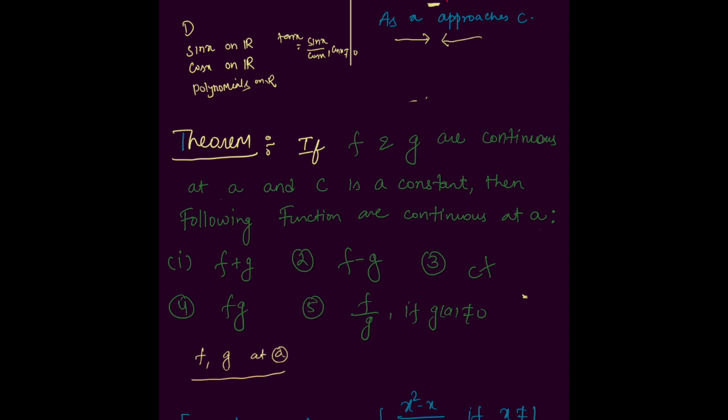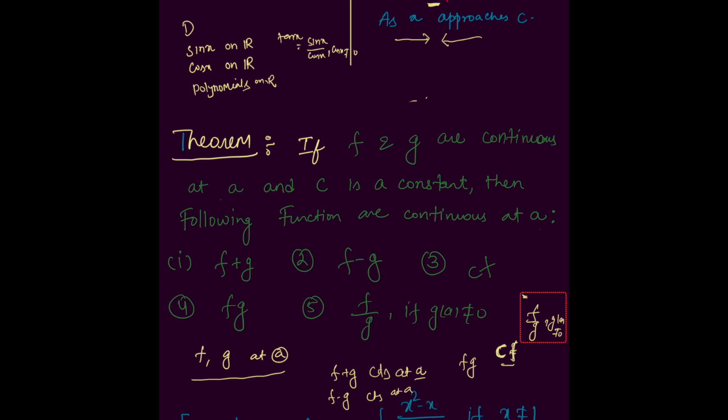Then f plus g is also continuous at a. If we subtract the two functions, f minus g is also continuous at a. The product f times g is also continuous. If we multiply by any constant c, then c times f is also continuous at a. And f divided by g is also continuous at a, provided g of a does not equal 0.